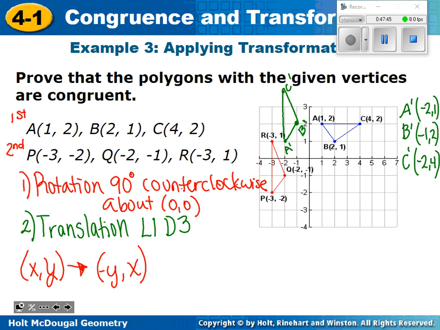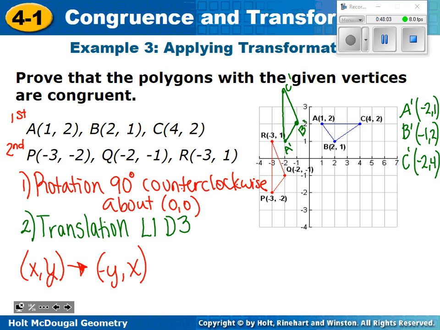Okay, here's the only extra thing I want to add here to the notes, and then we're done. When you write your rule, if there are multiple transformations, you do not write multiple rules. You are not taking the blue coordinates and rotating them and then going back to the blue coordinates and translating them, right?